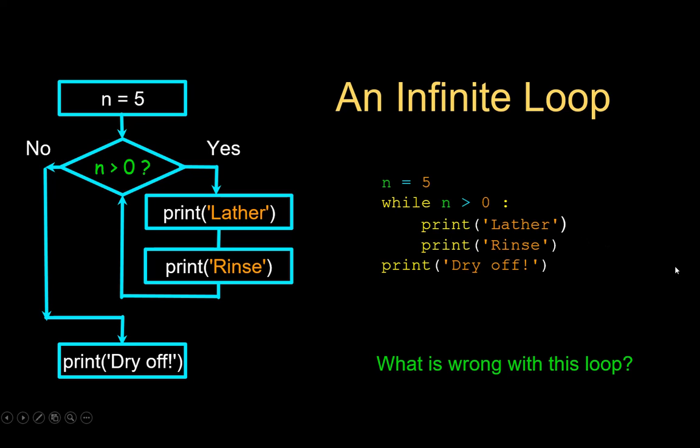So after the first run, it goes back again, and the condition is still true, since n is still 5, which is greater than 0. We do these two print commands, and it just runs and runs and runs until eventually the computer shuts off, or we run out of memory. By definition, this is an infinite loop.